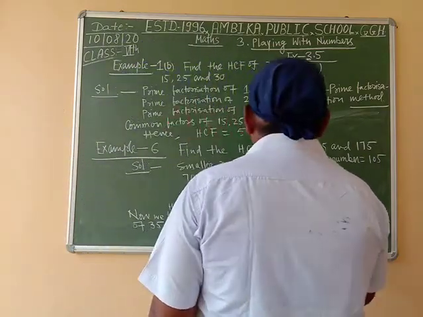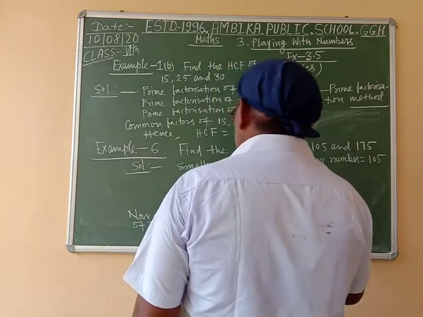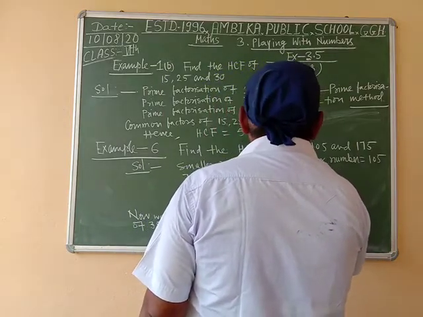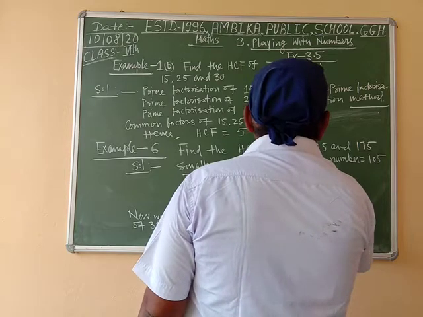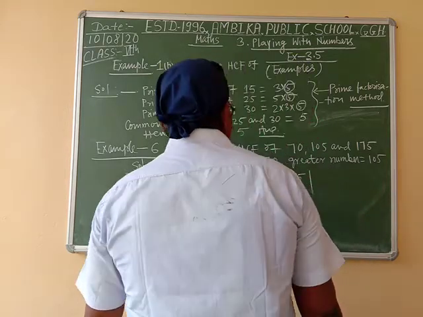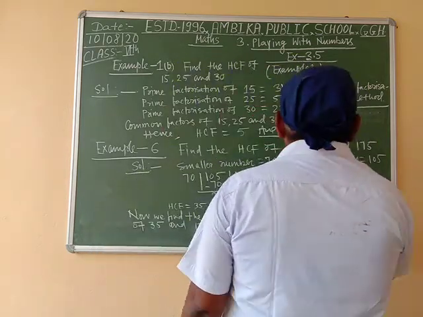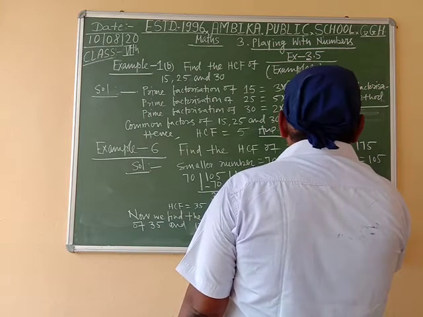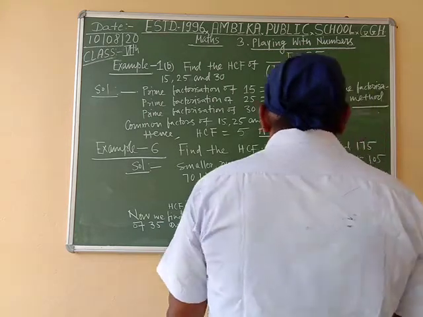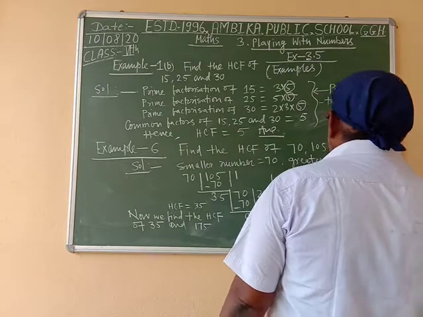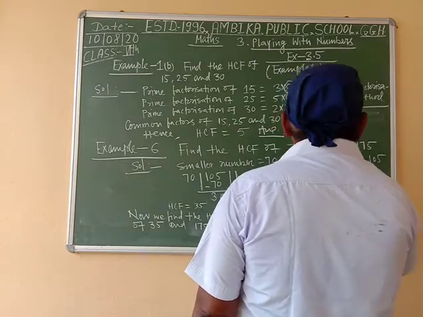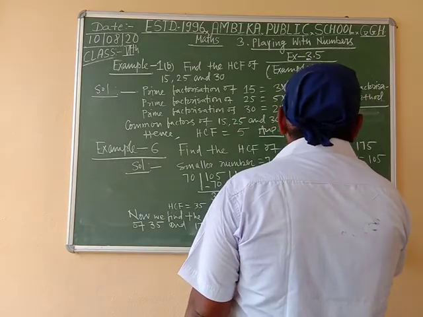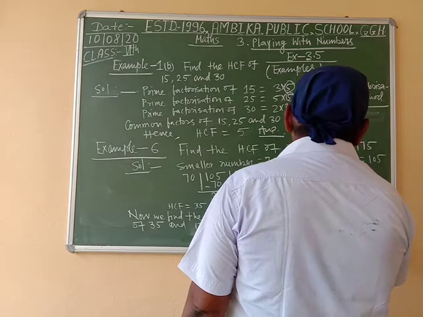Dividing 175 by 35. Here 35 goes 5 times in 175. Remainder is 0.